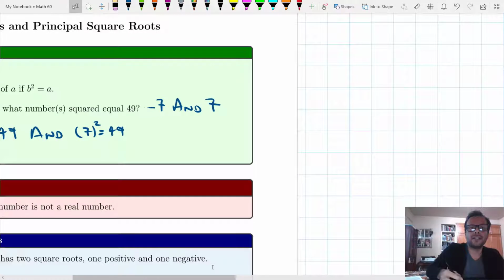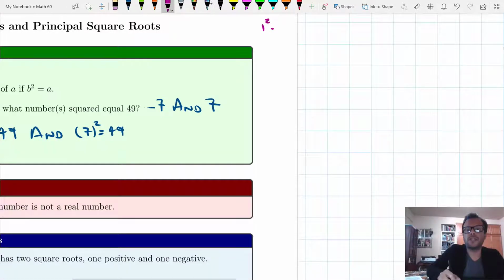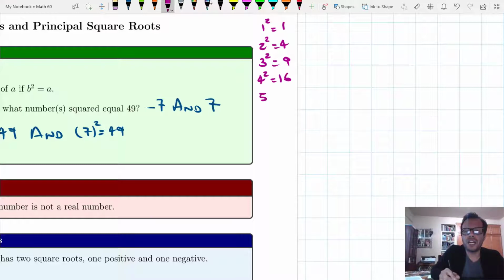We don't have to do all of them, just a few. 1 squared equals 1, 2 squared equals 4, 3 squared equals 9, 4 squared equals 16, 5 squared equals 25, 6 squared equals 36, 7 squared equals 49, as we have seen earlier in the definition.